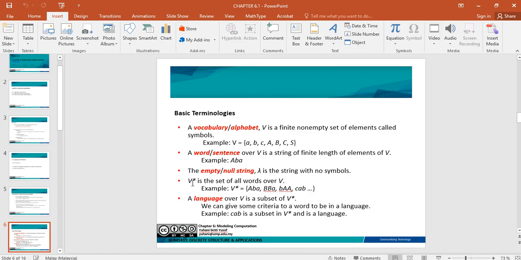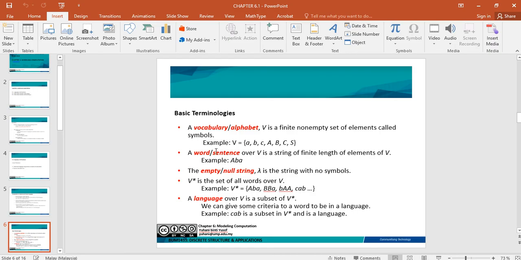What is V star? V star is the set of all words over V. It can be finite or it can be infinite. This is just one example of a word.